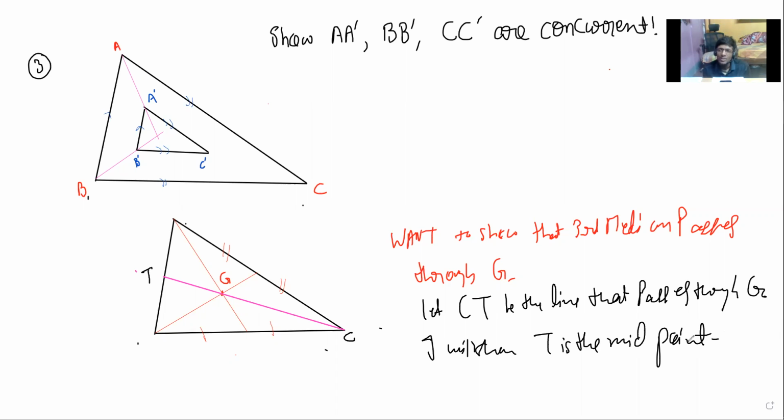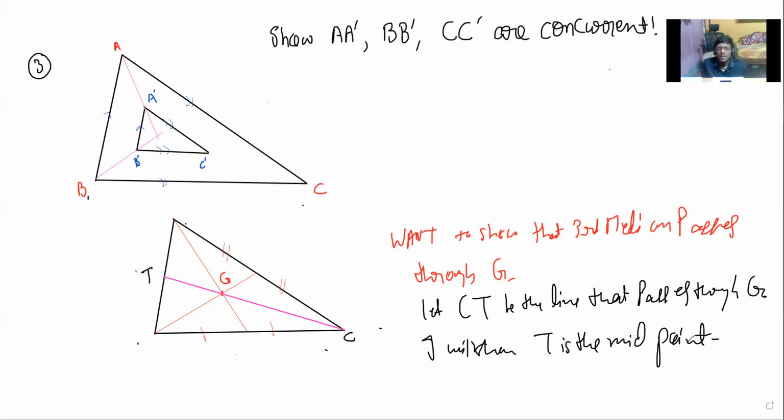And then you will be like, okay, then this is the median, because I cannot draw two medians from C, right? Pragadesh, do you see the idea? It's a different way to do things.